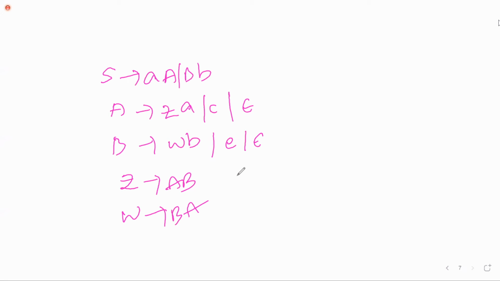Done, ma? Completed. See, S tends to A A or B B. If you substitute epsilon, you will get A or B. Any confusion here?